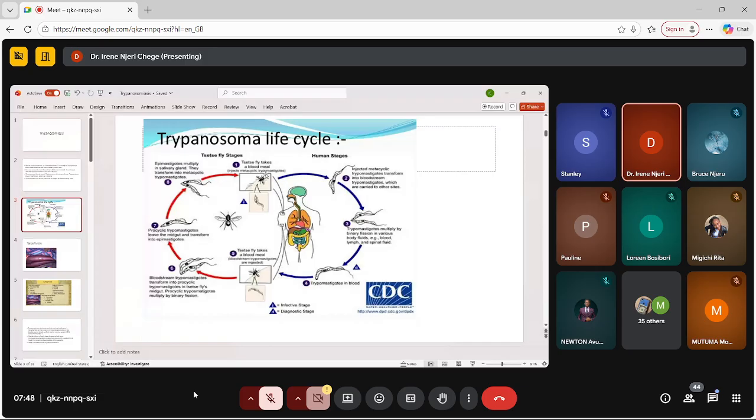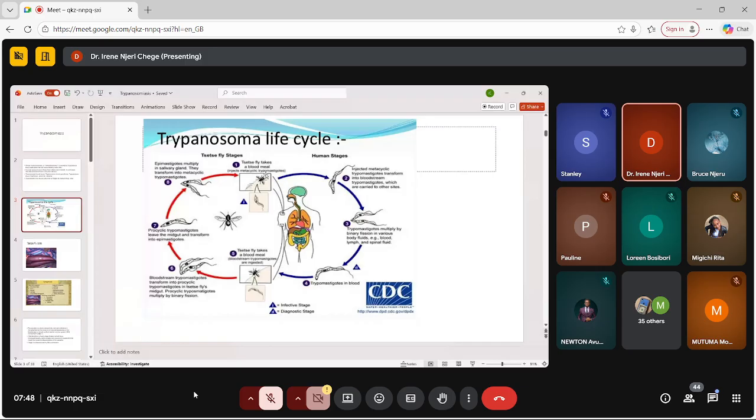So once it injects the metacyclic trypomastigotes into the skin, they usually change into long forms, intermediate forms, and then into short forms. Then they go into the blood.